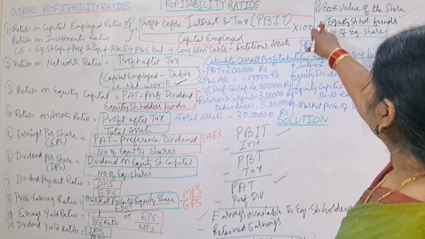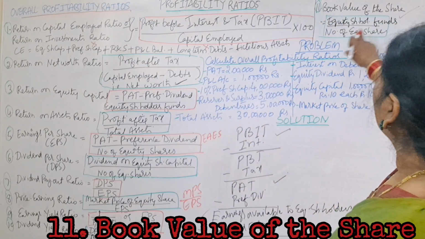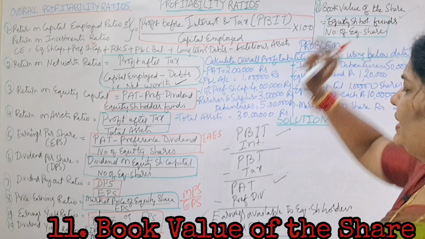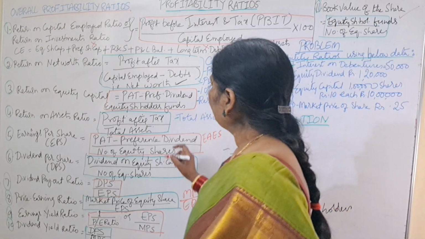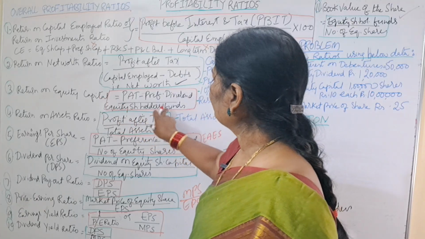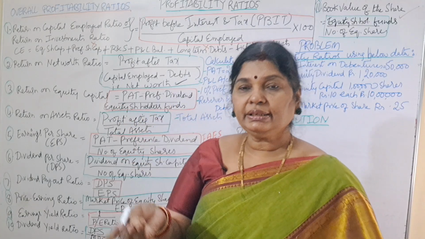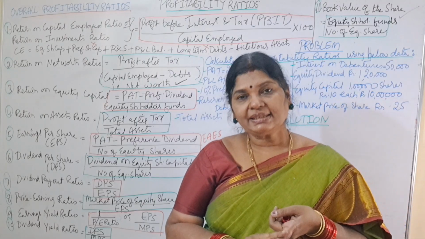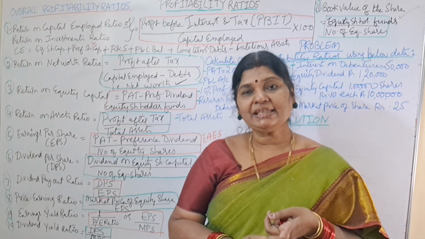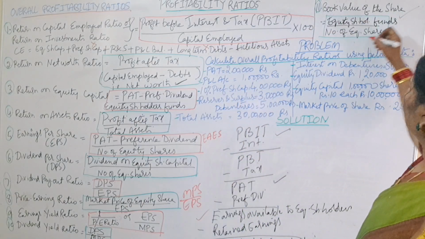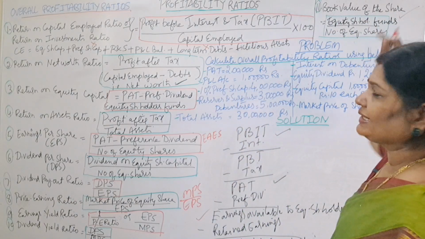Now we'll come to the 11th formula, book value of the share. Equity shareholders funds divided by number of equity shares. The amount we have taken under return on equity capital, that is equity shareholders funds, means we'll take equity share capital plus reserves and surplus plus P&L account balance minus fictitious assets. That we will take as numerator and divide by number of equity shares.